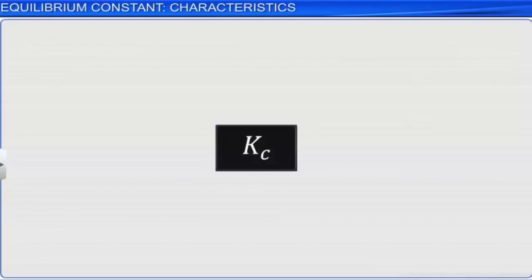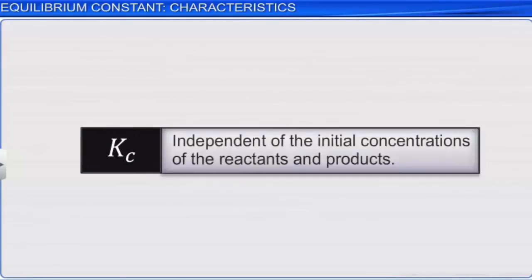Some characteristics of equilibrium constant are: the value of equilibrium constant is independent of the initial concentrations of the reactants and products.